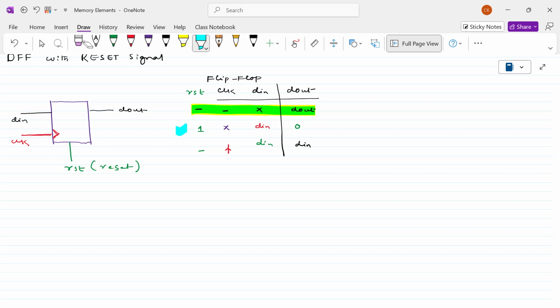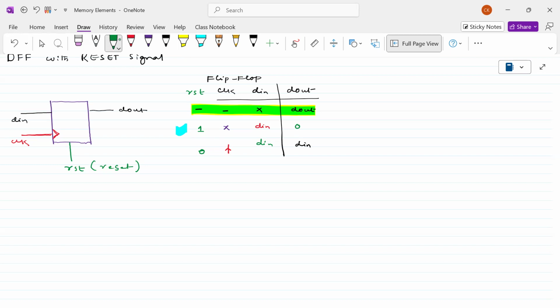Is this point okay? If RST is not there, meaning RST is 0, then depending upon the positive edge of the clock, whatever the DN is, the DN will be transparent.